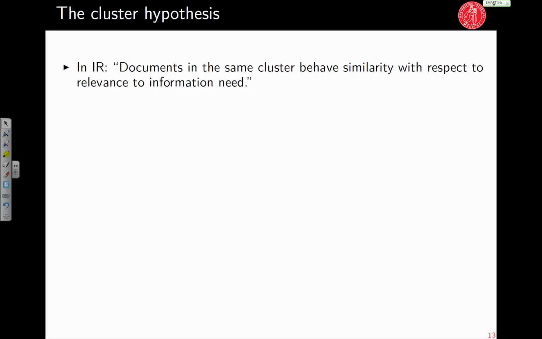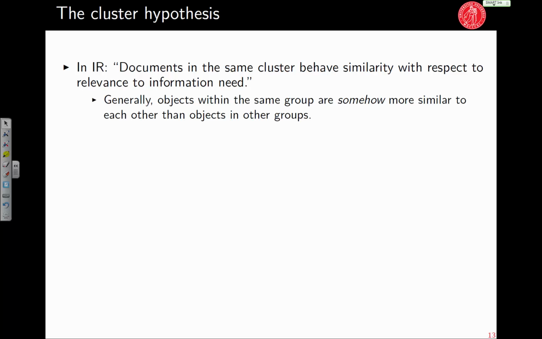In information retrieval, there is something called the cluster hypothesis, and it's actually relevant in machine learning in general, which states that documents in the same cluster behave similarly with respect to relevance to information need, meaning that objects within the same group or the same cluster are somehow more similar to each other than objects in other groups.